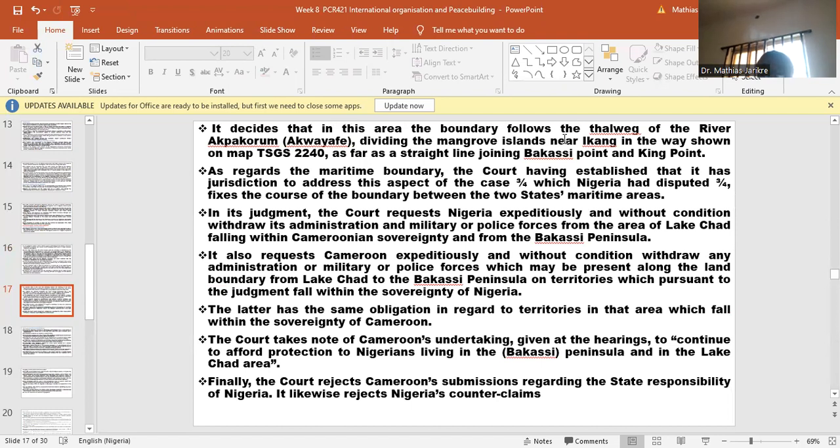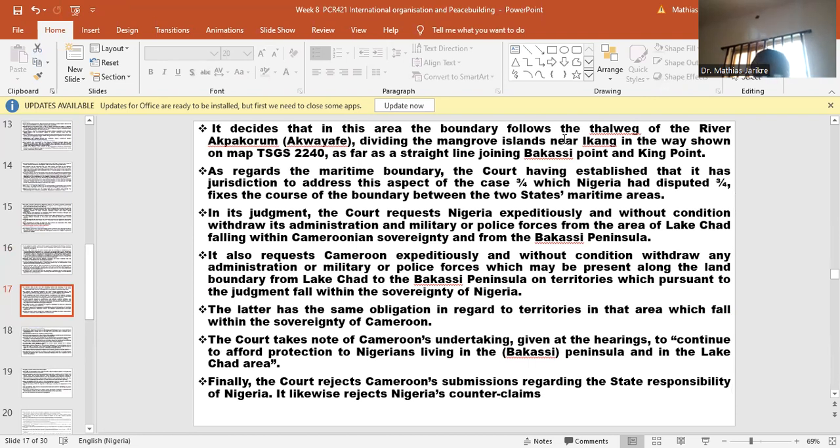In its judgment, the court requests Nigeria expeditiously and without condition to withdraw its administration and military or police forces from the area of Lake Chad falling within Cameroonian sovereignty and from the Bakassi Peninsula. It also requests Cameroon expeditiously and without condition to withdraw any administration or military or police forces which may be present along the land boundary from Lake Chad to the Bakassi Peninsula or on territories which pursuant to the judgment fall within the sovereignty of Nigeria.